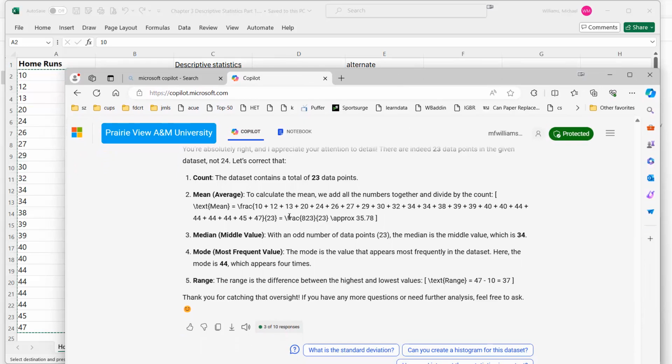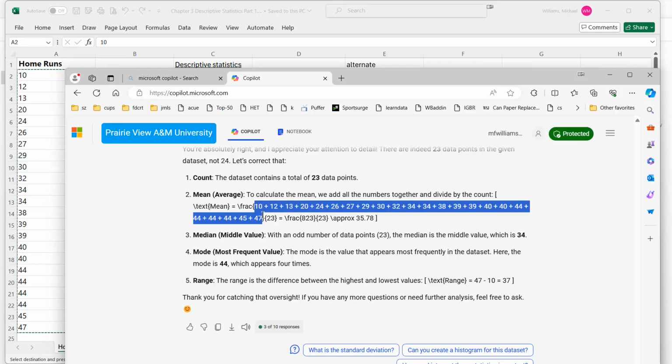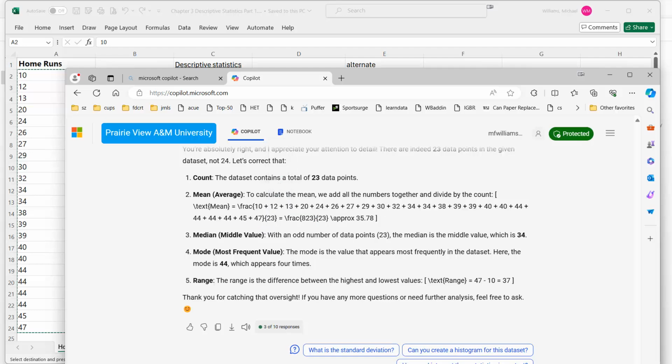It did something here. I'm not really sure what this means. This thing here? I don't even know what that is. But anyway, I think it added them up and got 823 or something. But there's only 755. We know that, right? He has 755 home runs. When you add those numbers up, you should get 755.